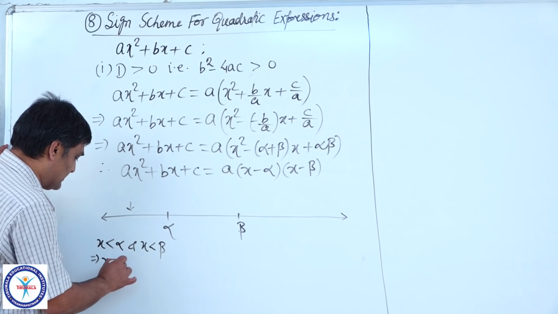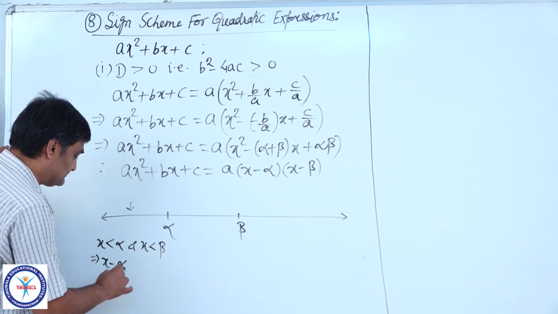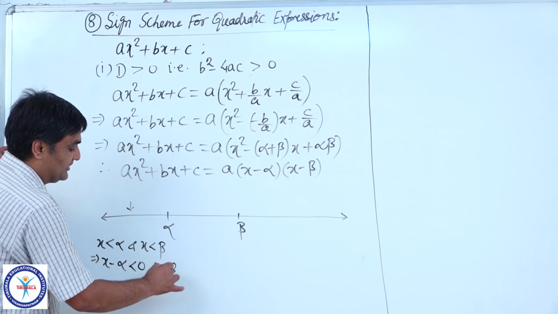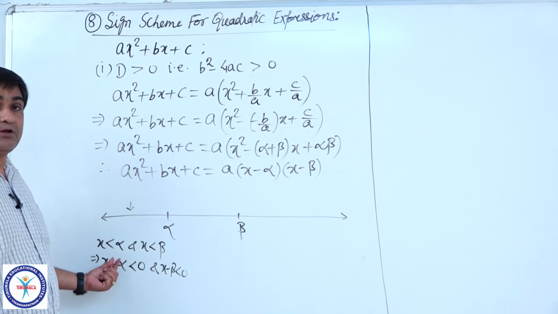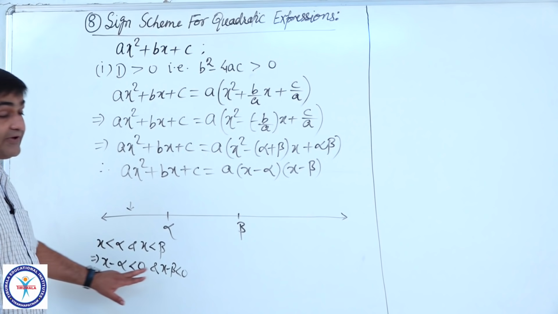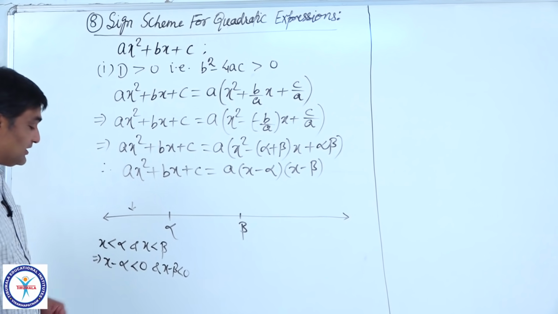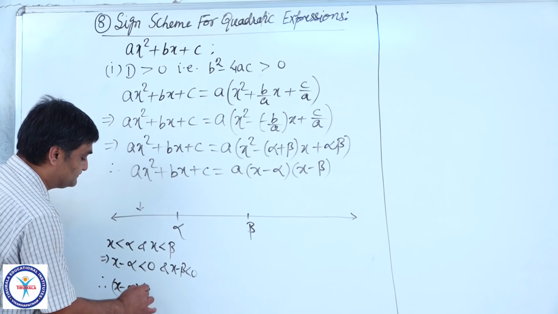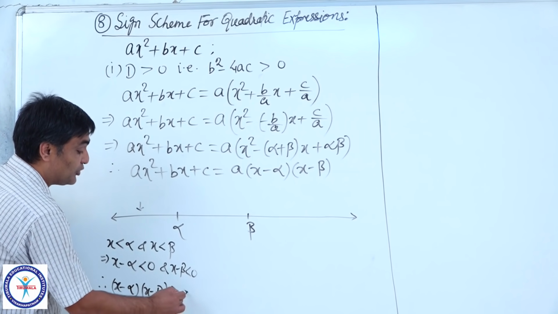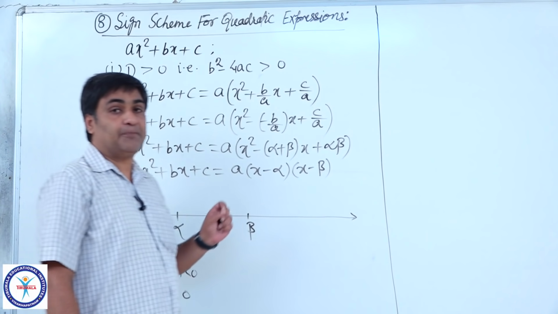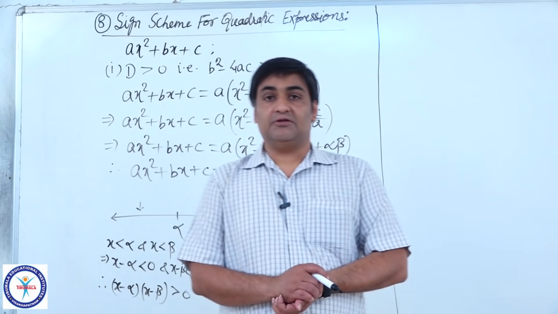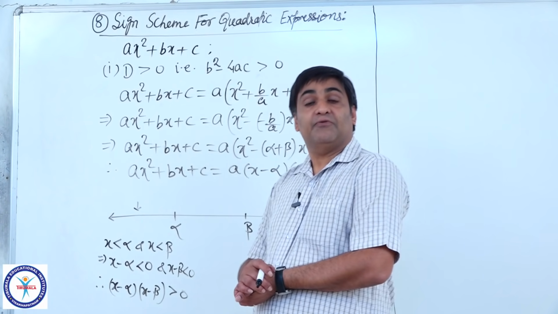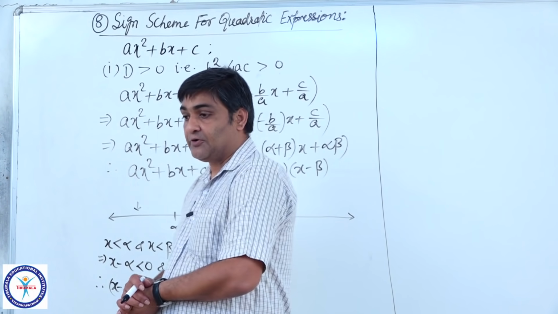So x minus alpha less than 0 and x minus beta also less than 0. So x minus alpha, x minus beta both are negative. So what will be their product? Positive. If we multiply two numbers, their product depends on whether the two numbers are positive or negative.